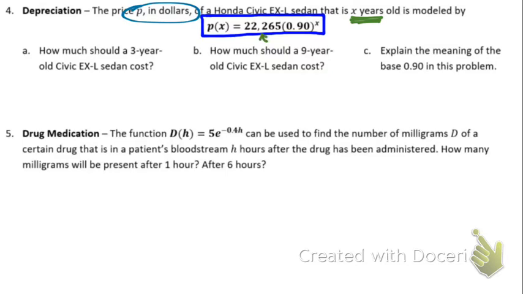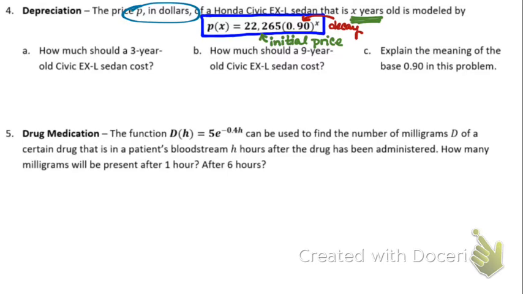So here is the initial price, the new car price. And I can tell from this 0.90, because that's smaller than 1, that this is decay. It's going to be losing value. How much should a 3-year-old Civic EXL sedan cost?